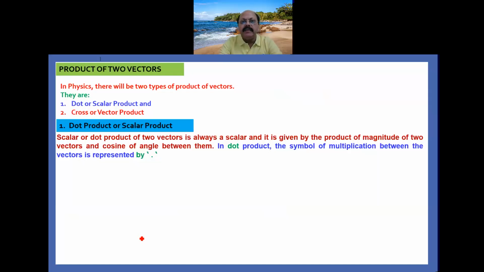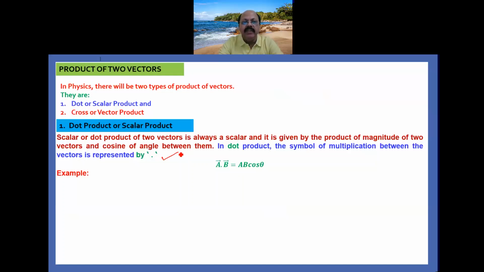In the dot or scalar product, the symbol of multiplication between the vectors is a dot, which is shown here. If we take two vectors, A vector and B vector, and take their dot product, it comes to be A vector dot B vector equal to AB cos theta, and that is always a scalar.